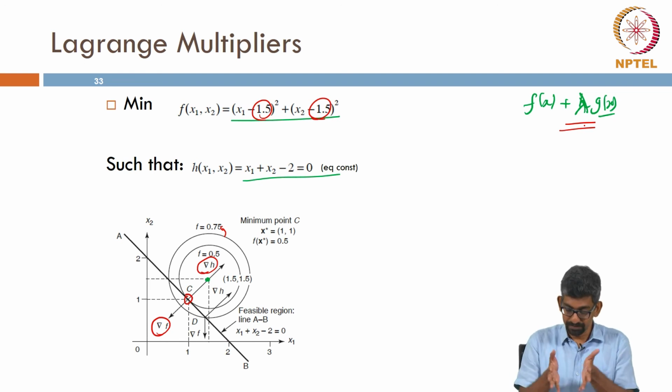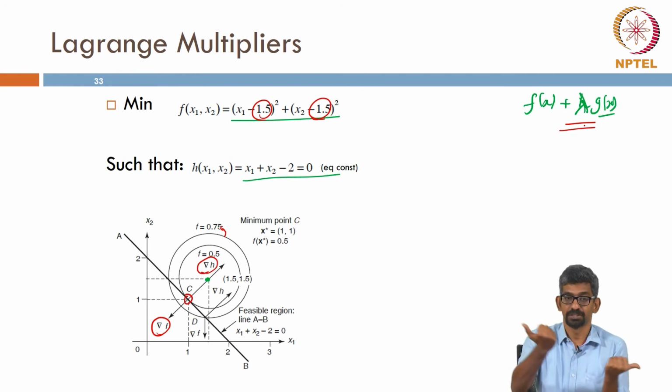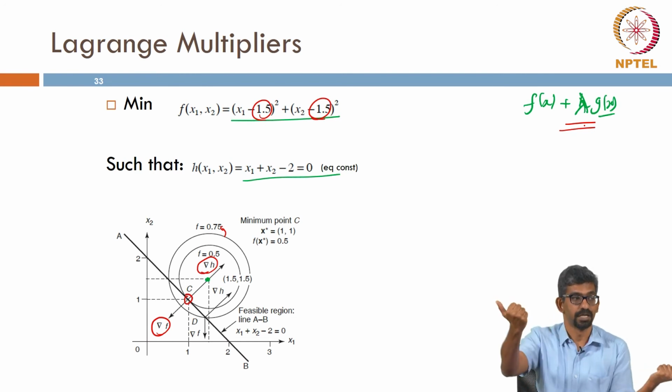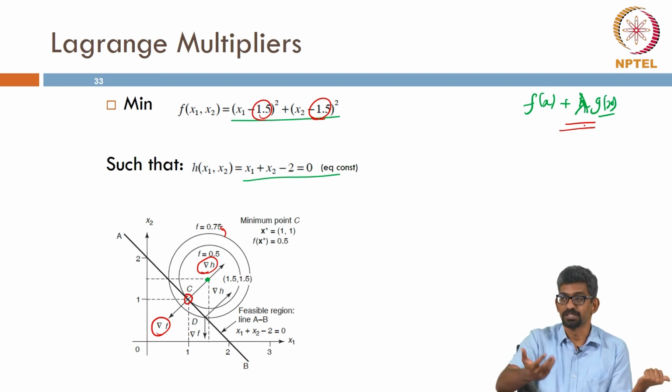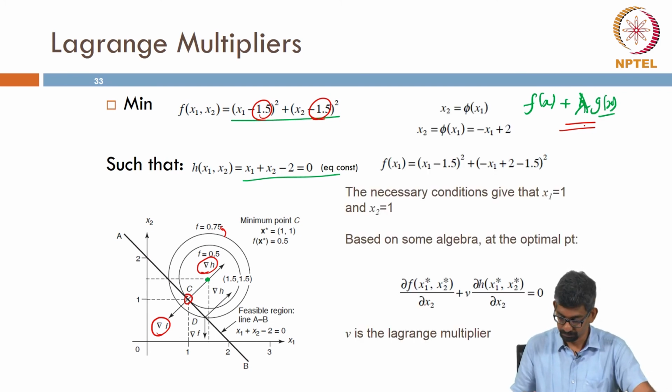In the context of optimization, you can just visualize that your constraint and your objective function gradients are in opposite directions, but they need not be equal, okay, they are only proportional. So, yeah, that is what it says, dou f, because that is your condition, right.